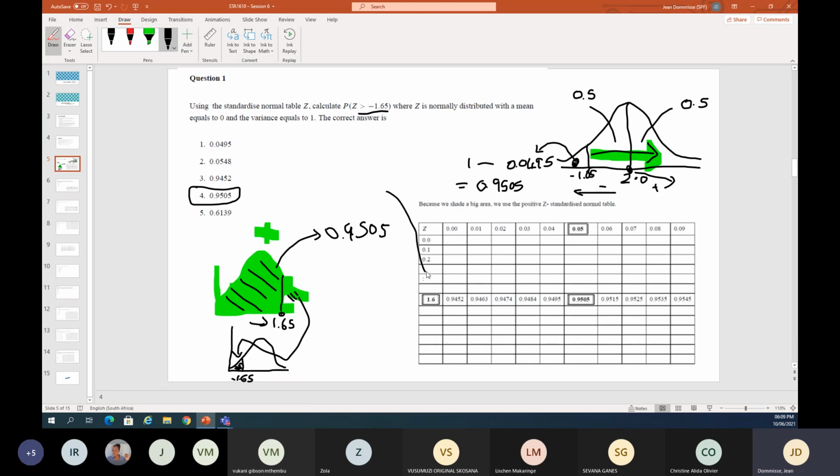So they go straight into the positive because of the symmetry of a normal distribution. Okay, so that is why, and I'll nearly repeat this every time that we are looking at the normal distribution.